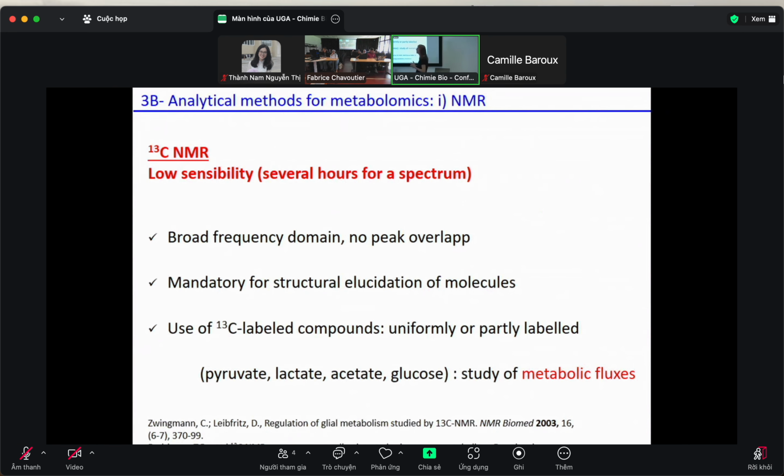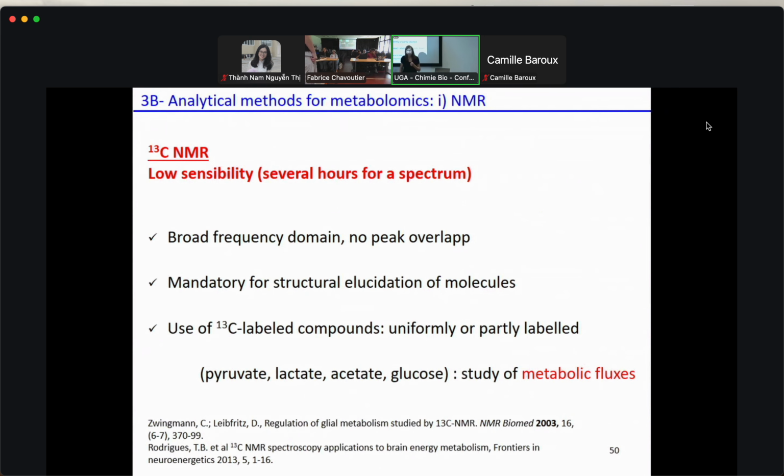Mainly substrates labeled with C13, and also with deuterium, H2, the isotope of hydrogen. The natural abundance is low, but with organic chemistry it is easy to incorporate deuterium into a substrate.